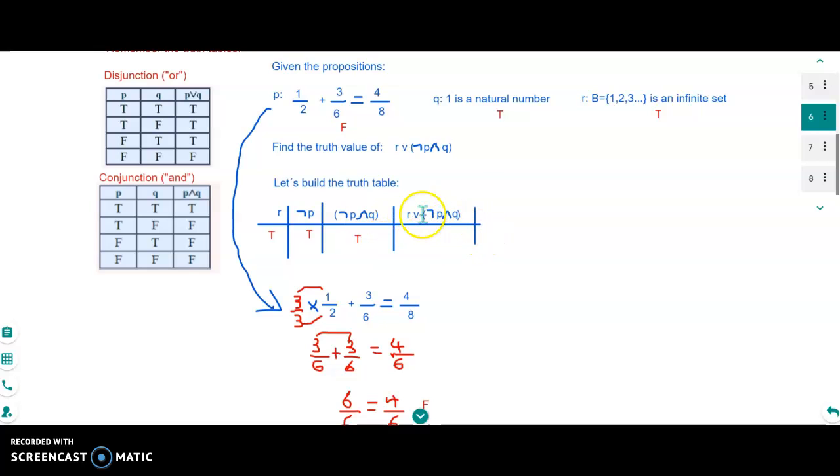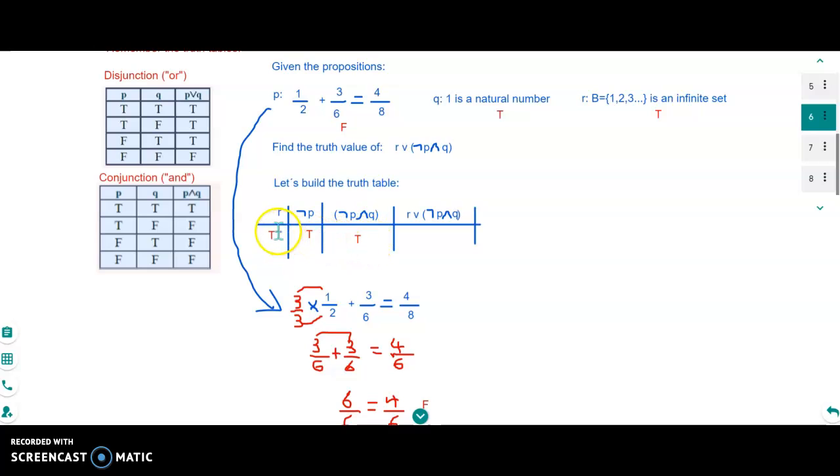And finally, we find the truth value of R or this, which is a disjunction, the V, look here at this table. So between the proposition R, the truth value that we have here, and the negation of P and Q, we already have this result, that is true.